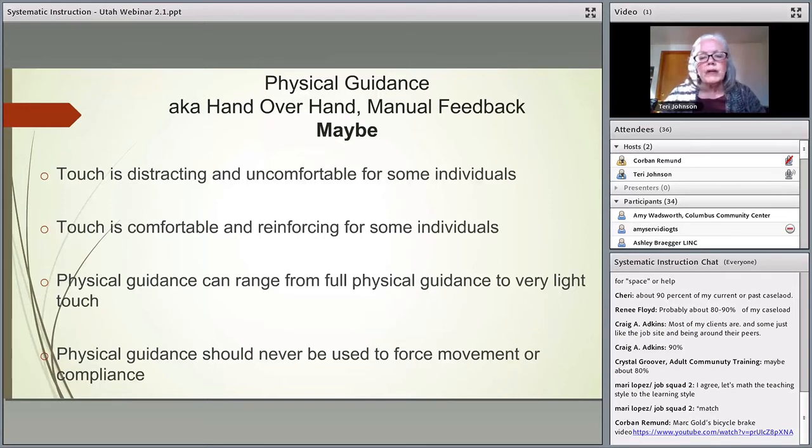On more than one occasion when I've talked about physical guidance, the response from the audience is, well, that seems like it could be useful, but we're not allowed to do that. And my next question is, not allowed to do what? And the response typically is, we're not allowed to touch people.